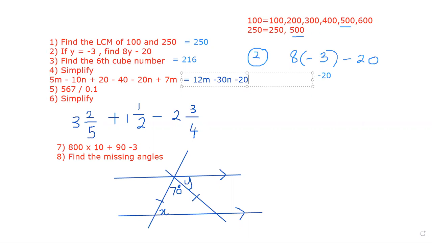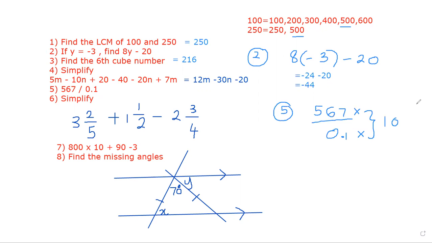The fifth one, now when you are going to divide, always remember when we have the division, if you have a decimal one, you have to remove that decimal. That's the first step that we are going to do. So I have 0.1. So to remove it, I multiply the numerator and the denominator both by 10. So when we multiply both by 10, I'm getting 5,670.